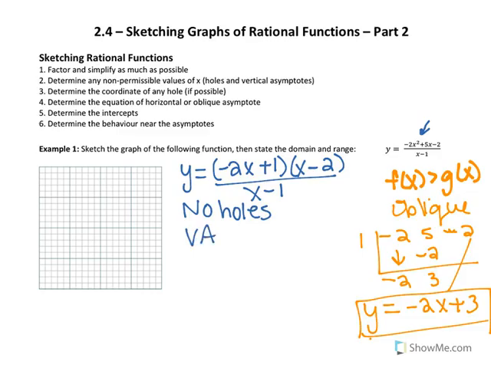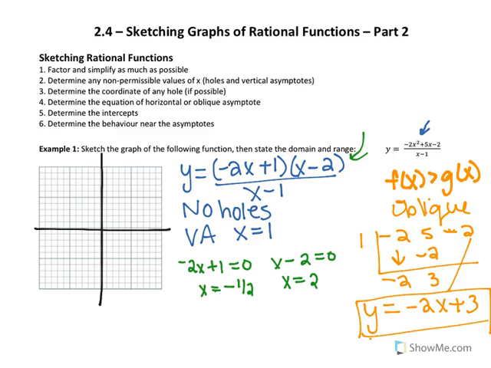We have a vertical asymptote at x equals 1. I also know that I'm going to be able to find some x-intercepts based on this top number. So I'm going to have an x-intercept where -2x plus 1 makes 0 and where x minus 2 makes 0. So I'm going to have intercepts at x equals 2 and at x equals -1/2.